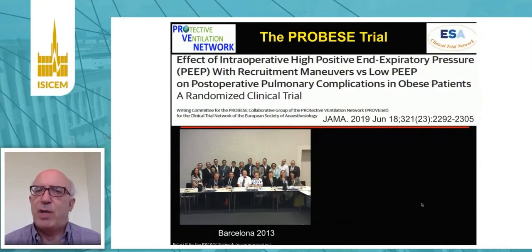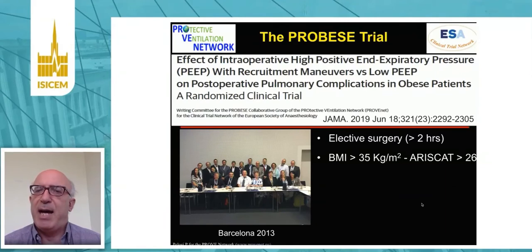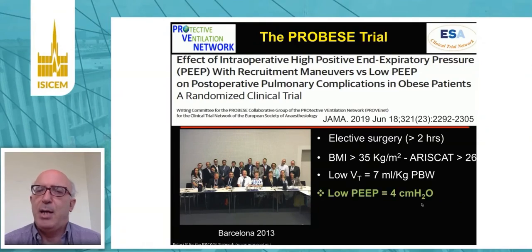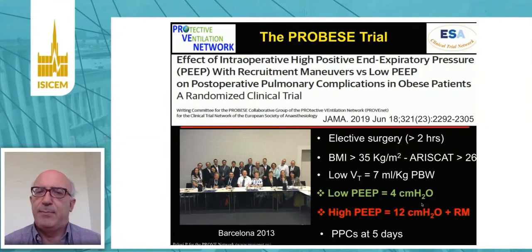We performed a large randomized controlled trial, the PROBESE trial, in which we compared, in patients undergoing elective surgery for more than 2 hours with BMI higher than 35 and higher risk to develop PPC, ventilated with low tidal volume at 7 milliliters per kilogram predicted body weight, the effect of low PEEP at 4 centimeters of water or high PEEP at 12 centimeters of water plus recruitment maneuver on PPC at 5 days.